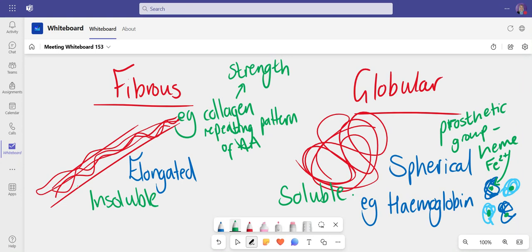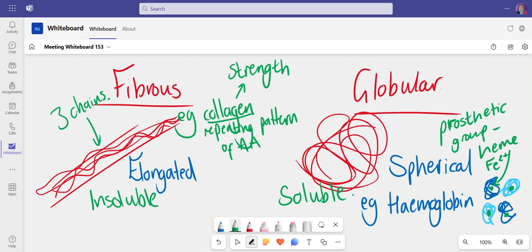It's a really long, thin structure made of a few helices wrapped around each other. It's actually made of 3 chains. Not every fibrous protein is made of 3 chains, but collagen, the example that we need, is made of 3 chains wrapped around each other, making it really, really strong. The chains are made of about 1,000 amino acids in a line, so it's really, really long.